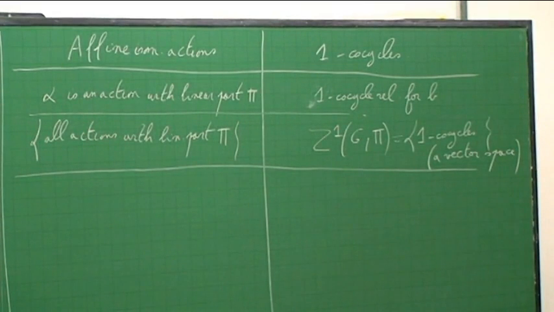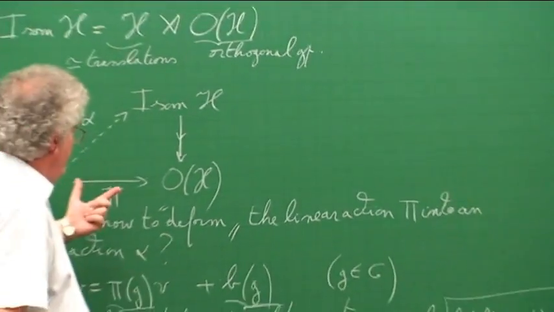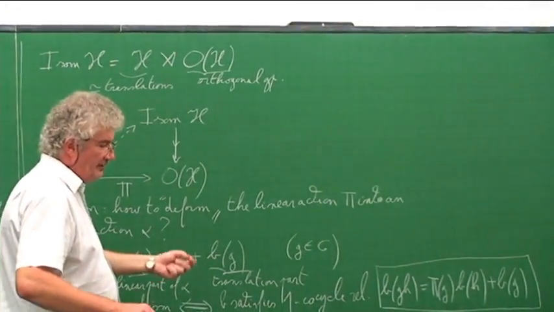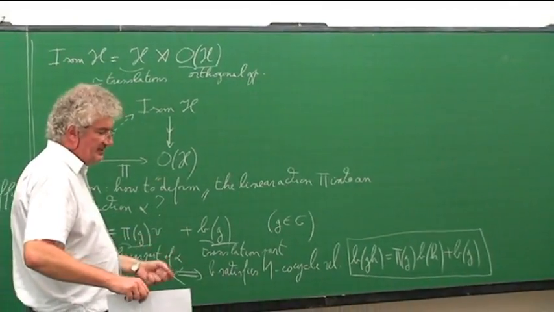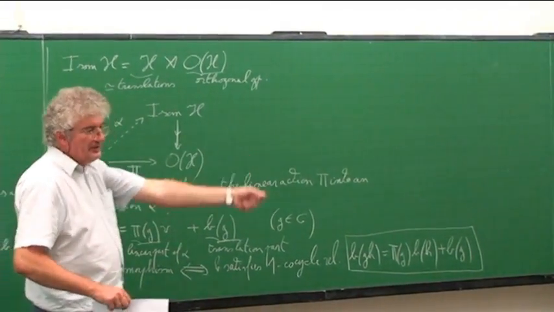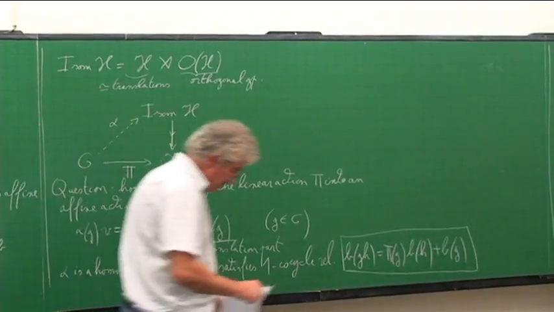Among these, there is a stupid way to deform the representation pi, and this is to conjugate it by a translation. Well, you will have a deformation which has no more information. Another way to say it is that you made the wrong choice of the origin in your Hilbert space.